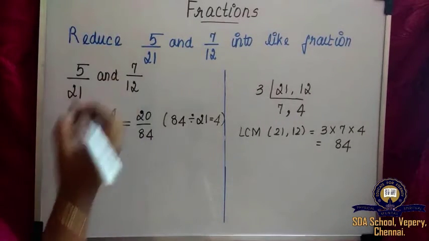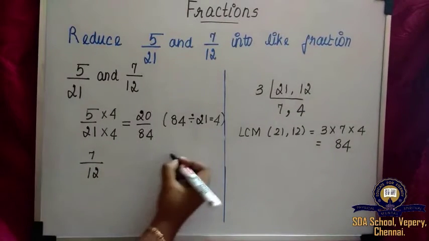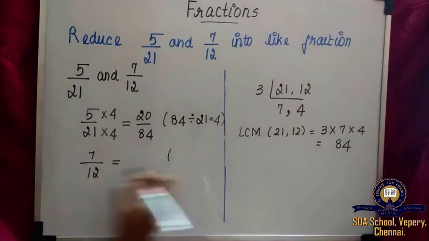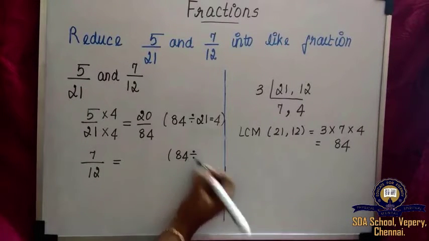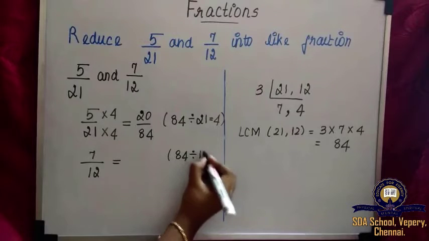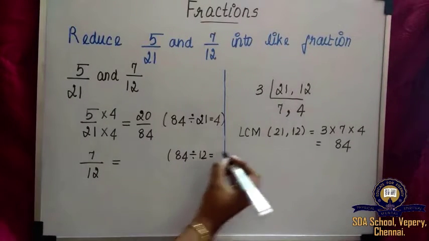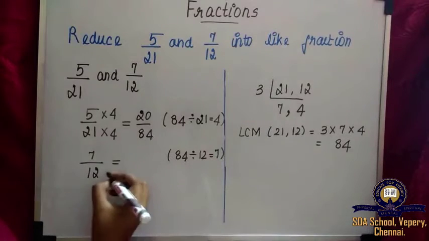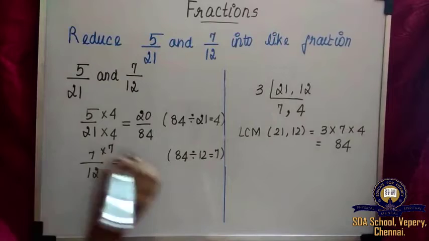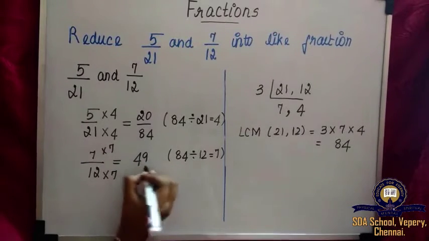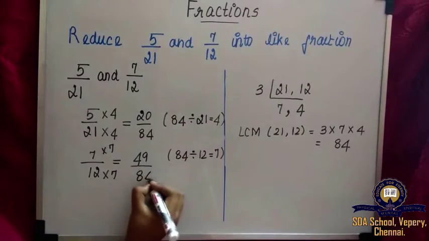So 5 fours are 20, 21 fours are 84. So now we will take the second one, 7 by 12. Now we have to divide the LCM by the denominator, which is 12. So 84 divided by 12 is equal to 7. So we have to multiply the denominator and the numerator by 7. 7 sevens are 49 by 12 into 7 is 84.